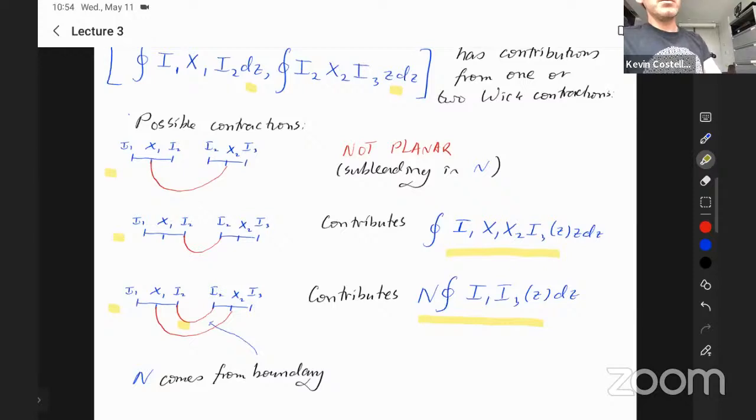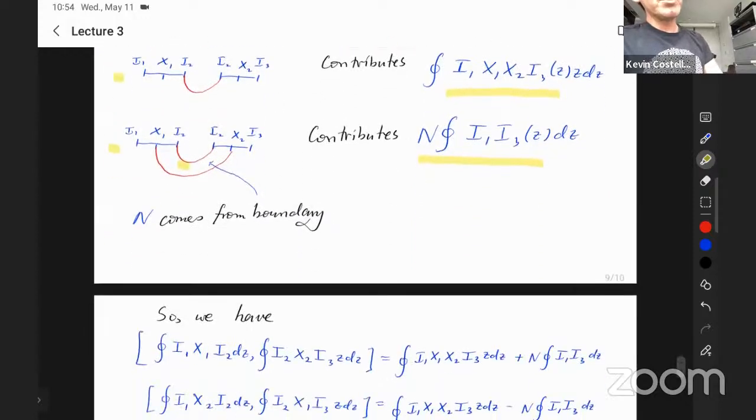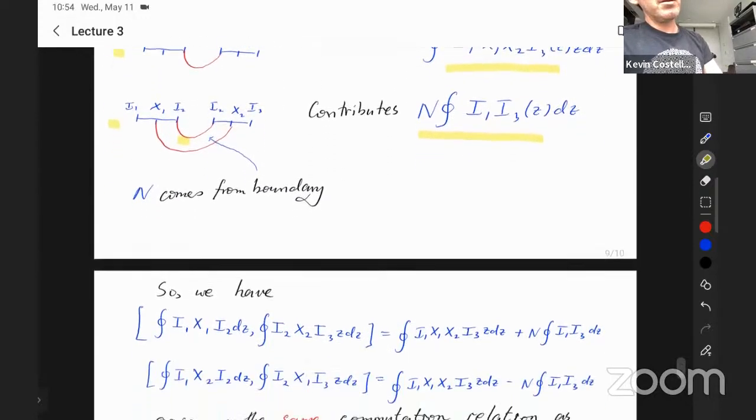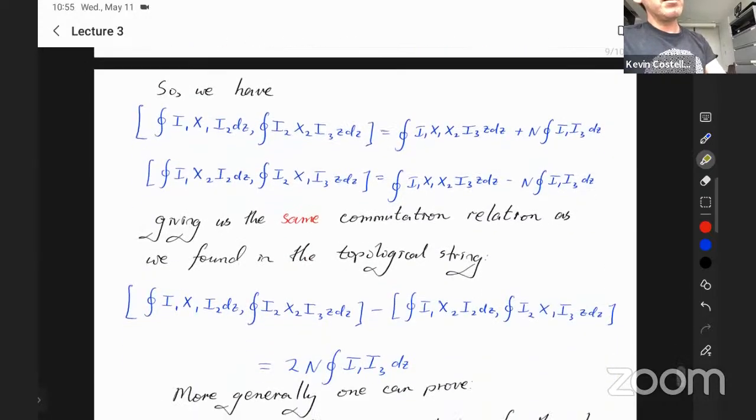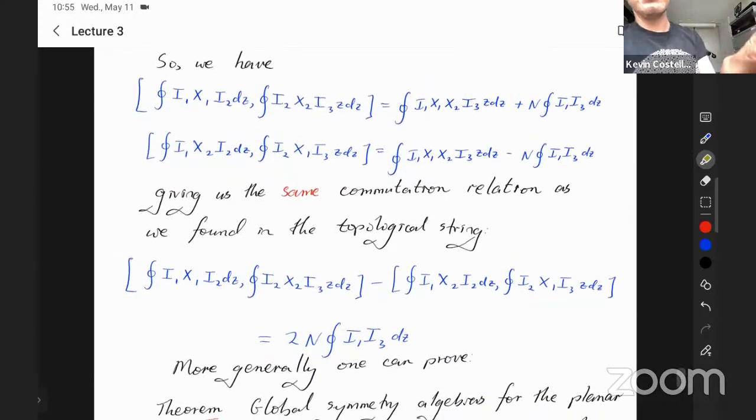So now we've pretty much gone through the proof. If I commute these guys, I get I1, X1, X2, I3, Z, DZ, and a factor of n. For the other one, you find the same thing and minus n, I1, I3. So you find pretty much the same thing except for an extra sign.